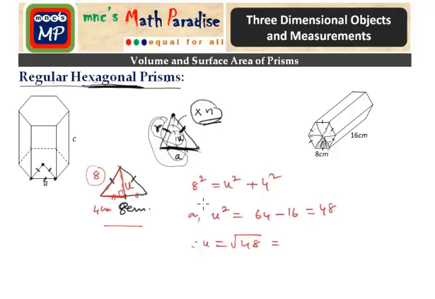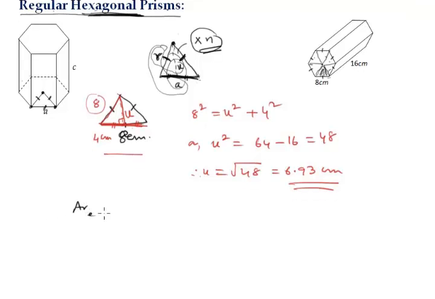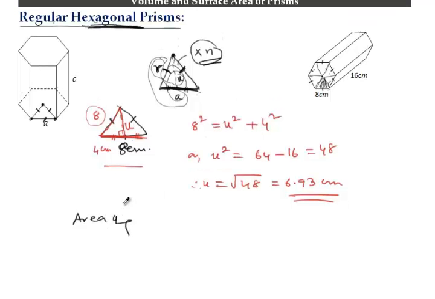If we calculate it, we will get u as 6.93 centimeter. So now we got our height, and the total base is 8 centimeter. So the area of one triangle will be half times its base, total base 8, and this height we just found, 6.93.